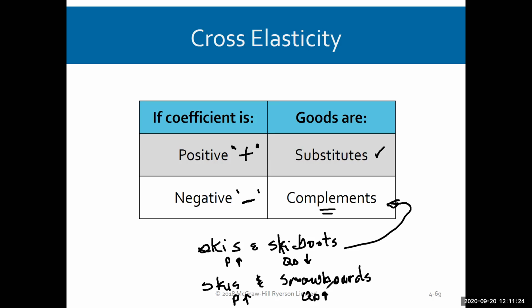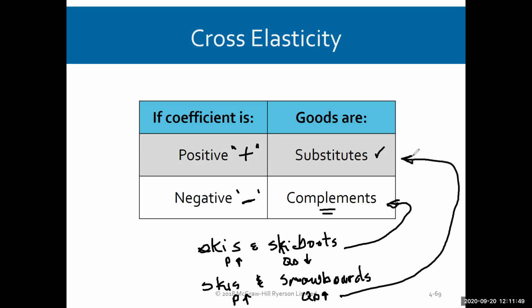But for a lot of people that are quite a bit younger than me, skis, snowboards, if skis were to double in price because of manufacturing problems, people would buy less skis normally, naturally, but then they'd buy more snowboards. So the quantity demanded of snowboards would go up, and that's a positive relationship. Price of skis goes up, quantity demanded of snowboards goes up.